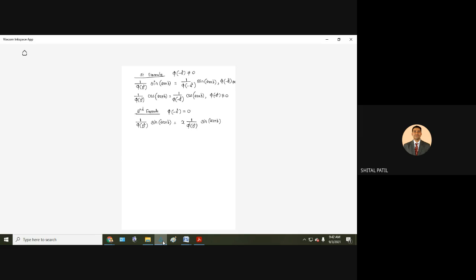Getting everyone? Whereas 1 upon phi of d square cos of ax plus b equals x times 1 upon phi dash, derivative of d square, cos of ax plus b. Have you understood these four formulas?